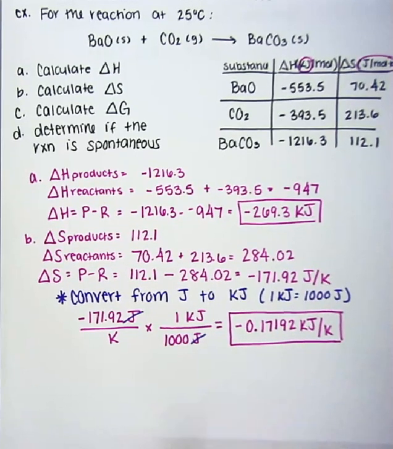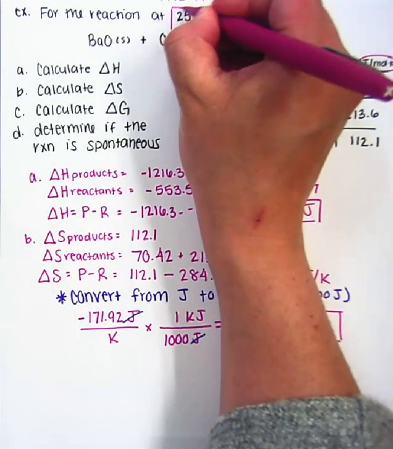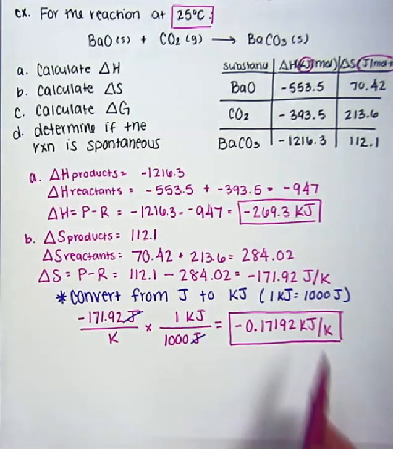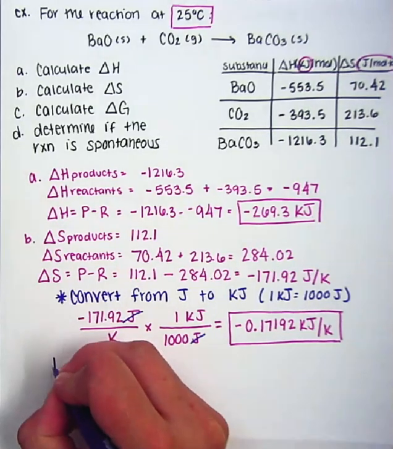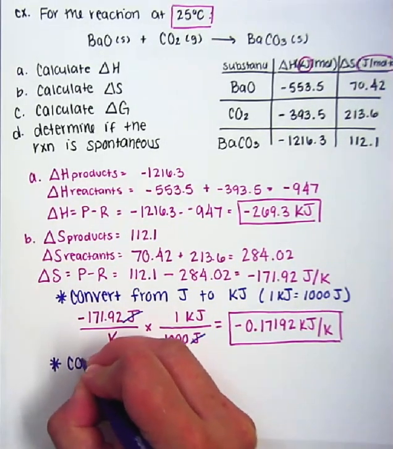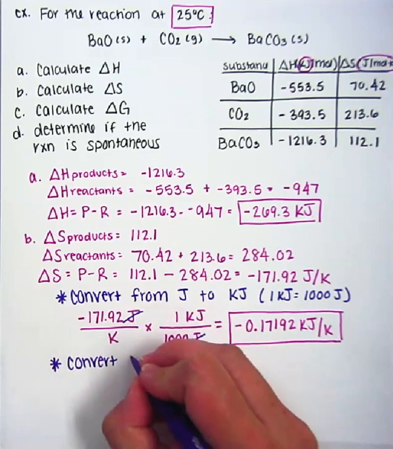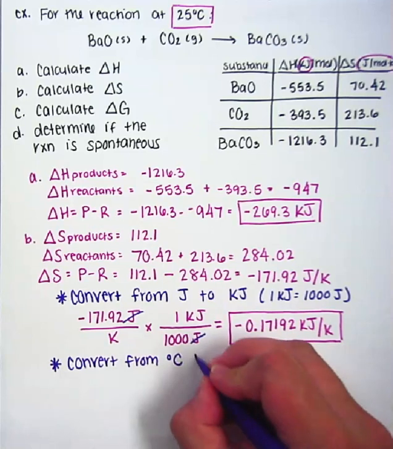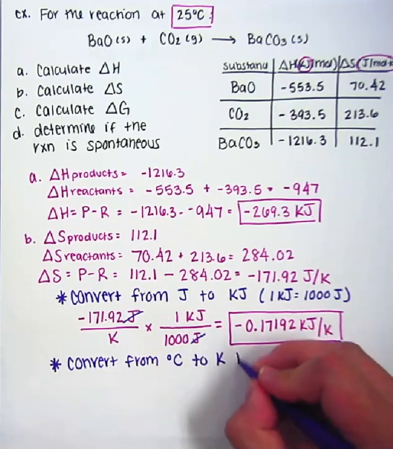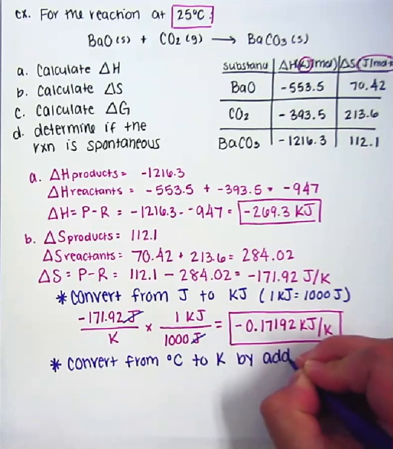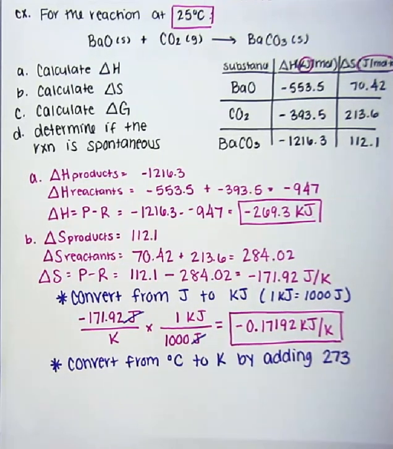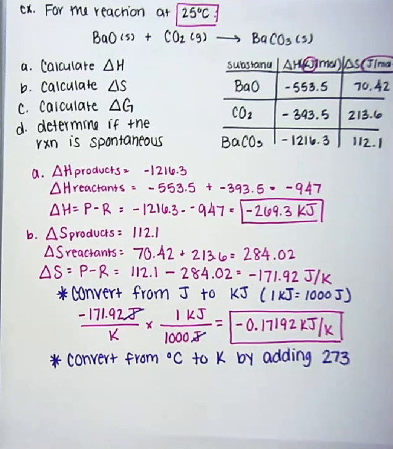Next, notice that this reaction is performed at 25 degrees Celsius, but my temperature is in Kelvin. So we are going to convert from degrees Celsius to Kelvin by adding 273. 0 degrees Celsius equals 273 Kelvin.